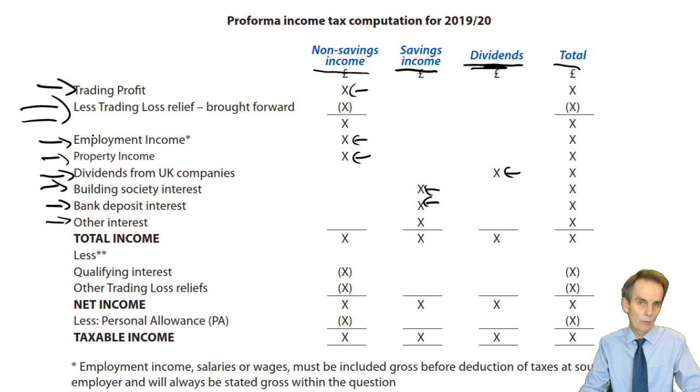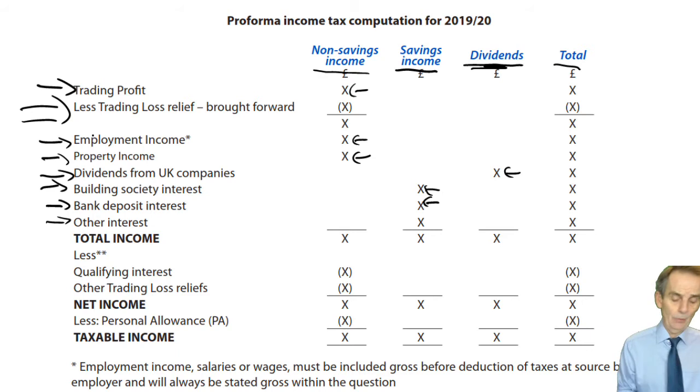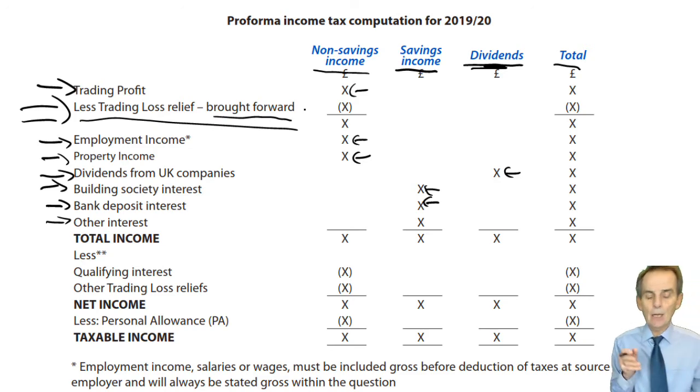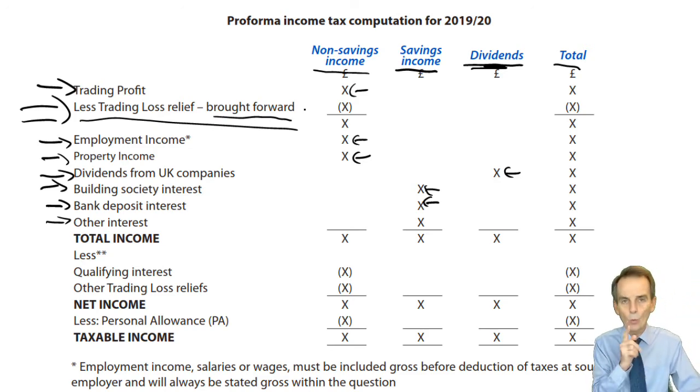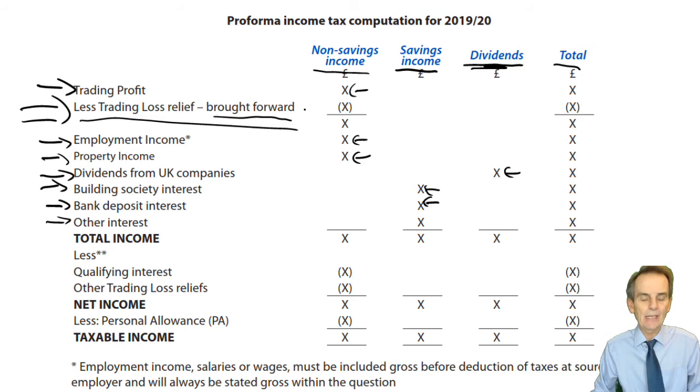When it is carried forward, as you'll see here, there is one thing that it can go against in the future, and that is future trading profits of the same trade. So that's why here on the computation, you see this trading loss relief, this brought forward loss, being deducted directly from the one source of income that it is deductible from, trading profit for this period.